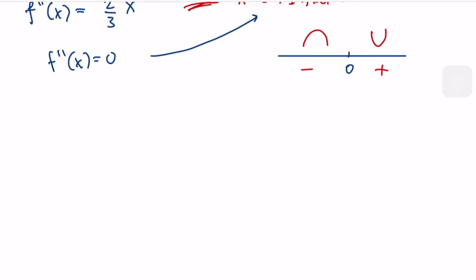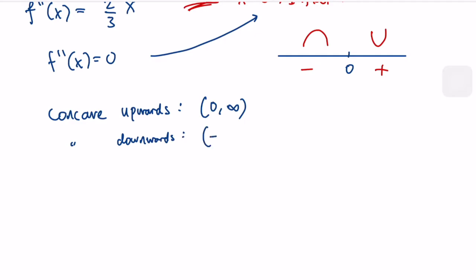So concavity, we can say concave upwards on 0 to infinity, and concave downwards from negative infinity to 0.